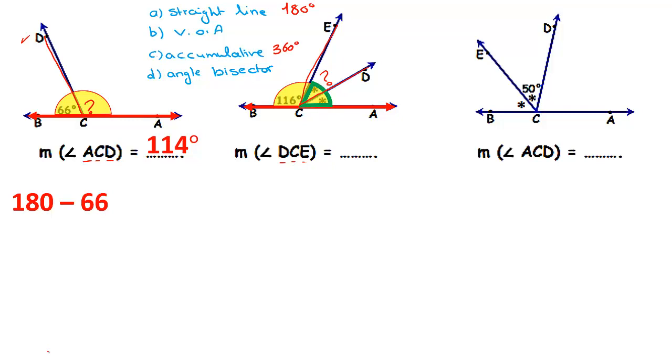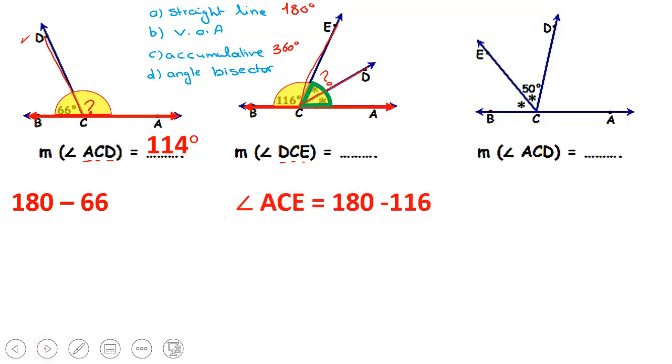Now, if I make 180 minus 116, then I'm going to find the angle ACE, the whole green angle. And this is the first step I should do. First go and find the whole green angle, which is angle ACE, and it's equal to 64 degrees.